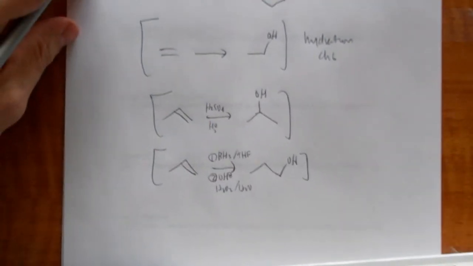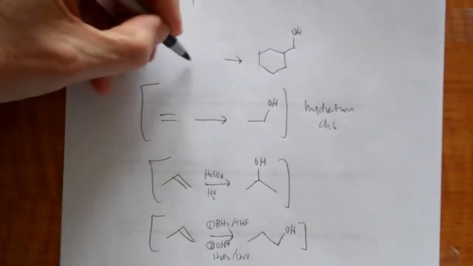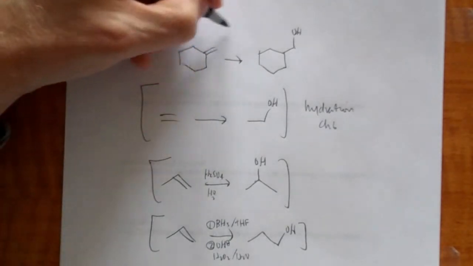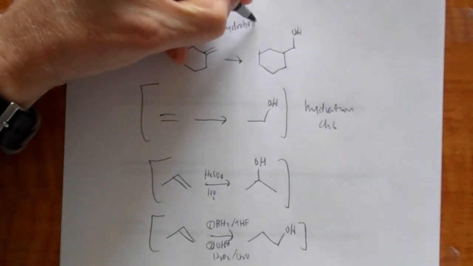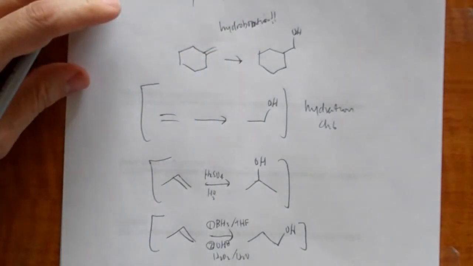And which one of those do we want for this reaction here? Right, it's definitely going to the outside one. So what we need then is the hydroboration. How do you spell boration? Okay, that's the one we want for that.